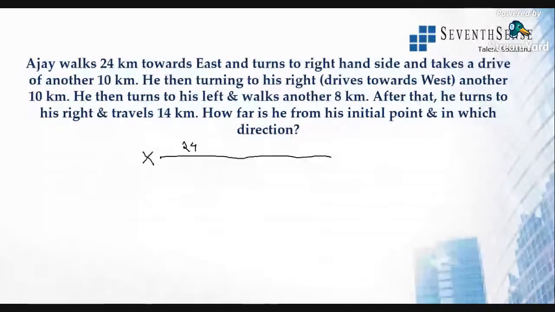So this will be south, and this is 10 kilometers. This is done. Next, he turns towards west. He turns towards right. Okay, right hand is west. Sorry. This will be 10 kilometers, and again another 8 kilometers here.